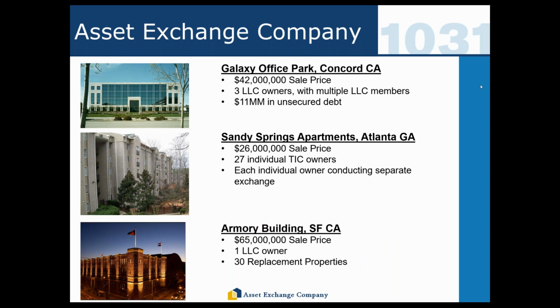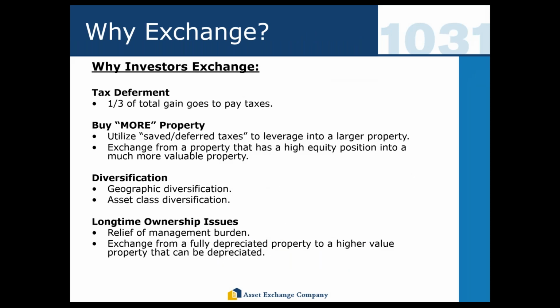All right, so let's now talk about why some of our investors are doing their 1031 exchanges. Well, the obvious reason is because they don't want to pay taxes, right? If you sell an investment property, you are going to pay about 1/3 or 33% of your gain to the government. So if you make $1 million in profit, expect about 1/3 of that, or $330,000, to go to Uncle Sam and the various taxing authorities.